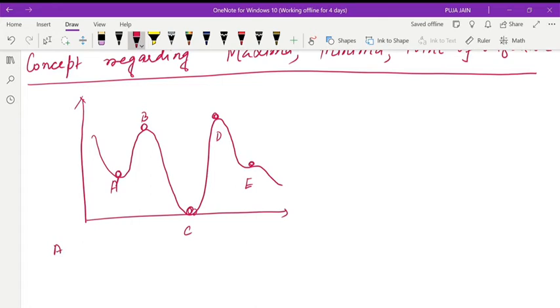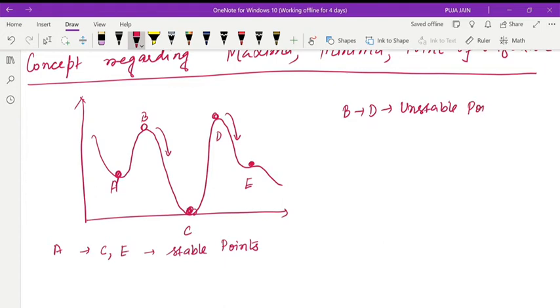Points A, C and E, we can call these stable points, right? Why? If the bead is here, it will remain in this position, no problem, right? Now at points B and D, we can call these 2 points unstable points, because there is a tendency of the ball to fall down, the bead to fall down, unstable points.